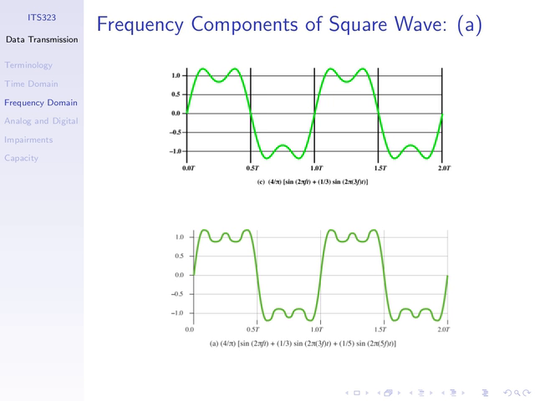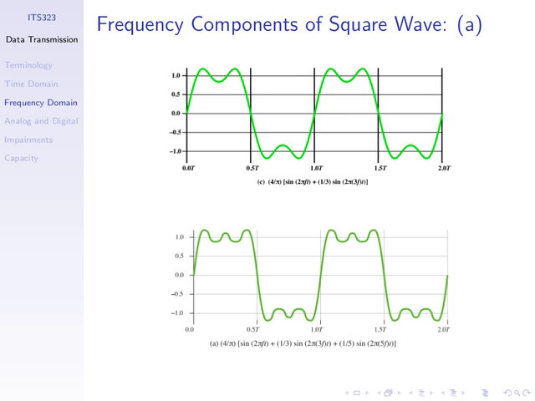Sine 2 pi 10 to the power 6 t plus 1/3 sine 6 pi 10 to the power 6 t plus, so that is simply these two components.